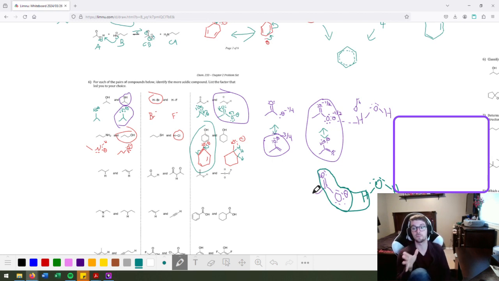So absolutely, that would lower the charge density, make it a more stable conjugate base, which does increase the acidity of the compound. So that is entirely my bad for saying something silly, because I wasn't considering the entire system, and this is just kind of a thing that happens.